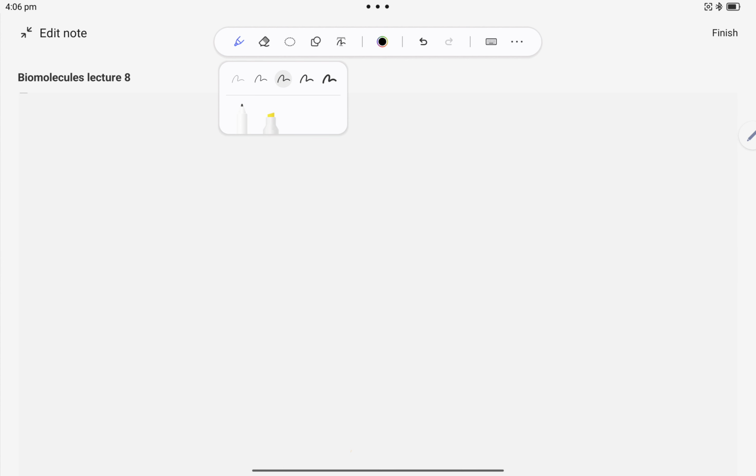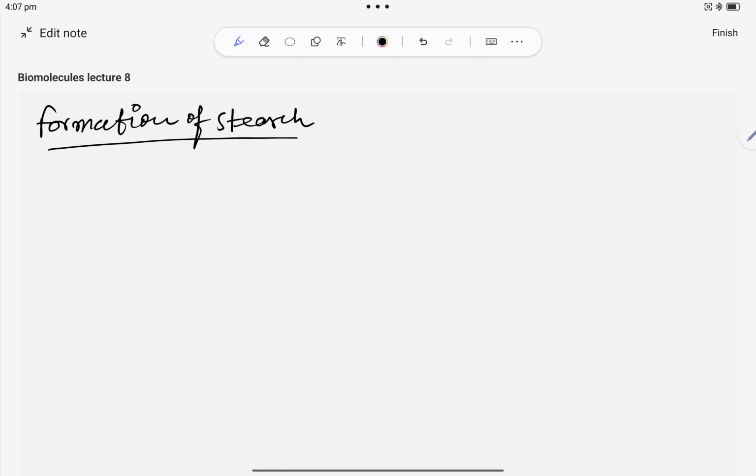In that case, formation of starch. Okay, so what are the terms and conditions for the starch?